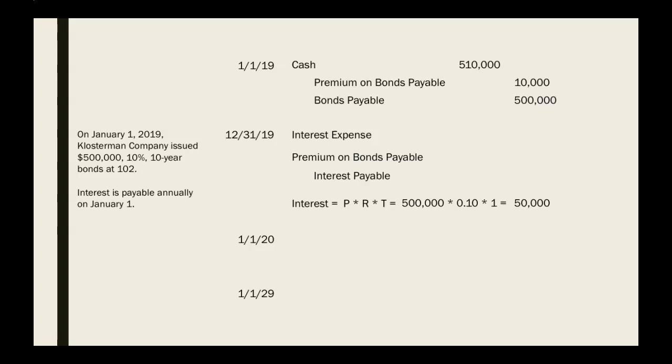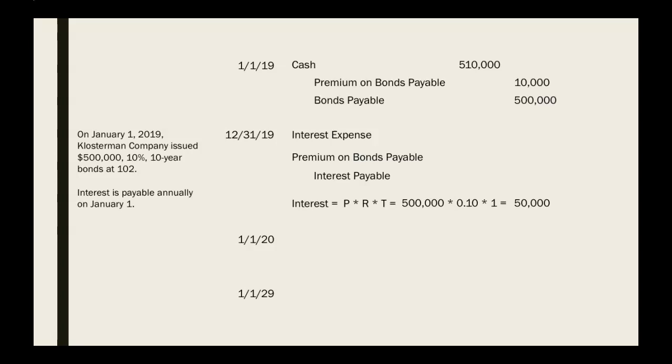Well, we sort of have a 50-50 shot now of putting it in the right spot. We could put it up in interest expense, or we could put it in interest payable. Here's how we can remember this. When people gave you this money back on January 1st, they were told that they would get 10% interest, right?